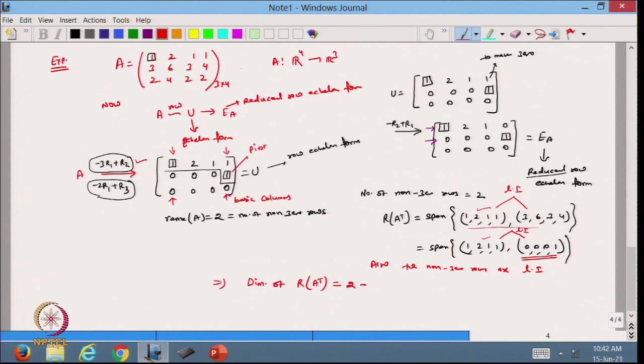So, that is equal to 2, and that is equal to the rank of matrix A. So, from here we can say that the dimension of R(A transpose) is equal to the rank of A. Based on this one we are able to show this.